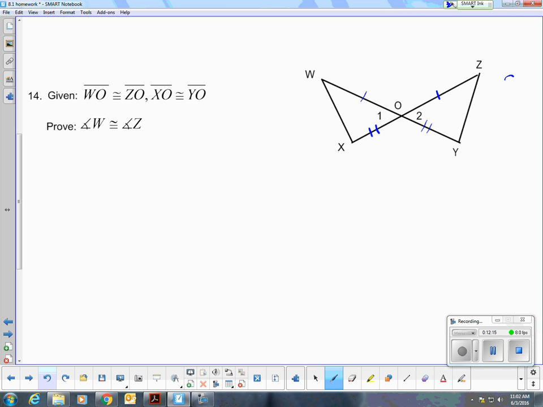So far I have one pair of sides and a second pair of sides. In addition, notice that we have a pair of vertical angles. So we're going to say now, in addition, I have a pair of angles and two pair of congruent sides.